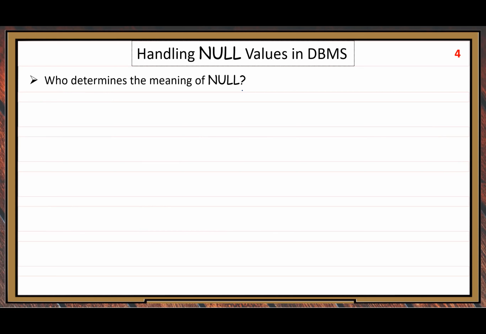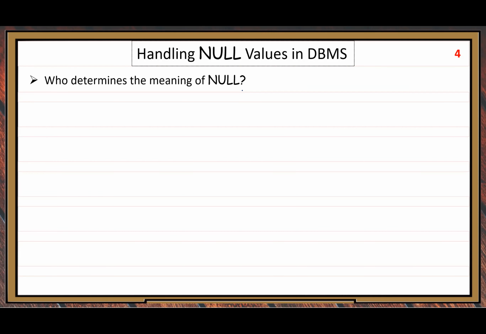Who determines the meaning of null? We have some possible different meanings, but who is responsible for interpretation of those values? Can the DBMS do it? No. How can DBMS do it? Because DBMS is not responsible for your business details. We know DBMS is general application software.